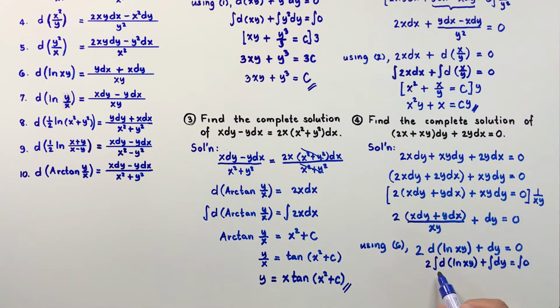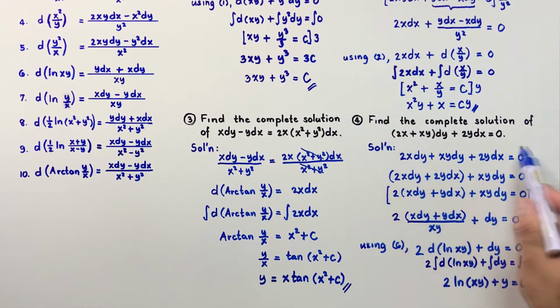And we know that the integral of a differential cancels each other, so we have 2 times the natural log of the product of x and y plus y, because also the integral of the differential cancels, and this is equal to the constant of integration c. So this is our solution for the given differential equation.